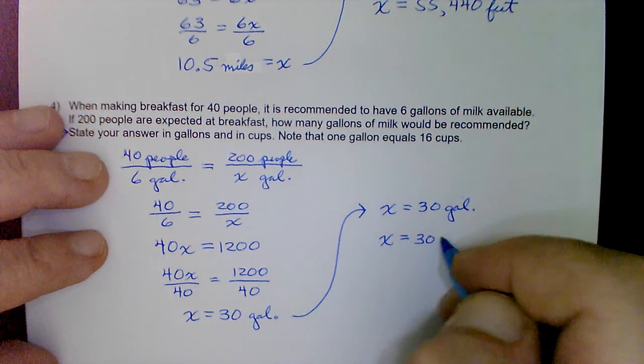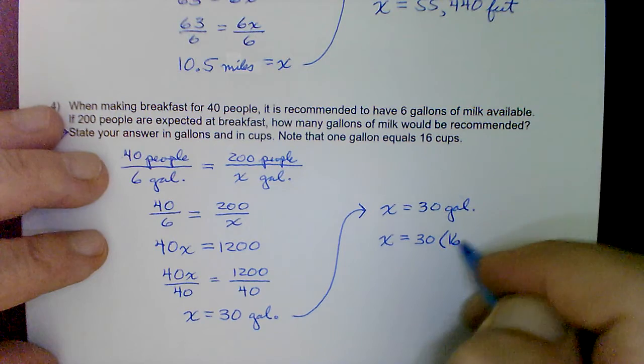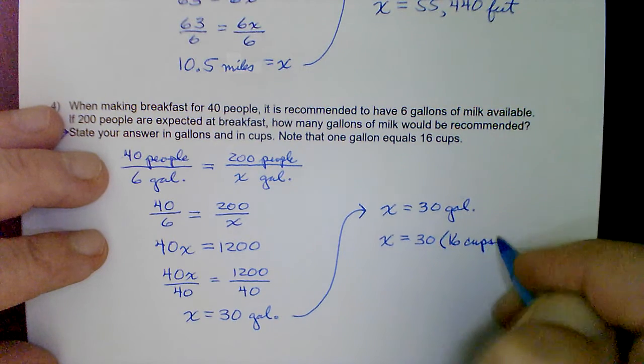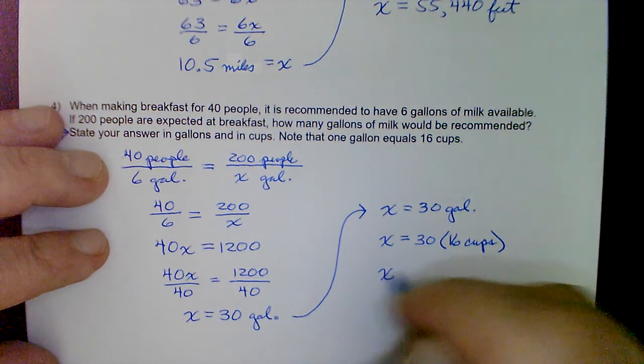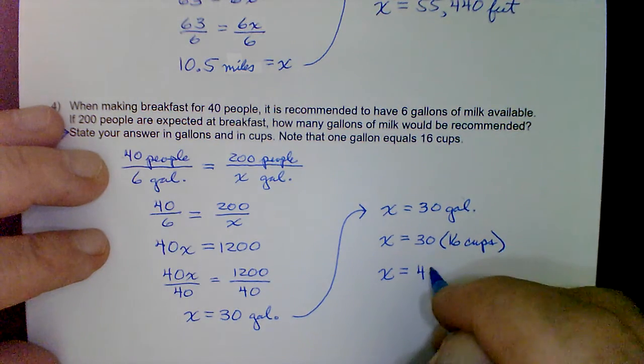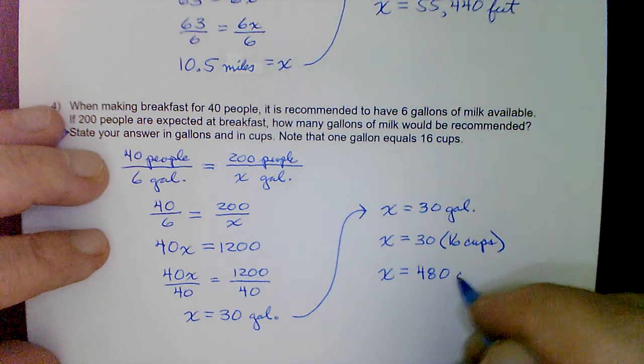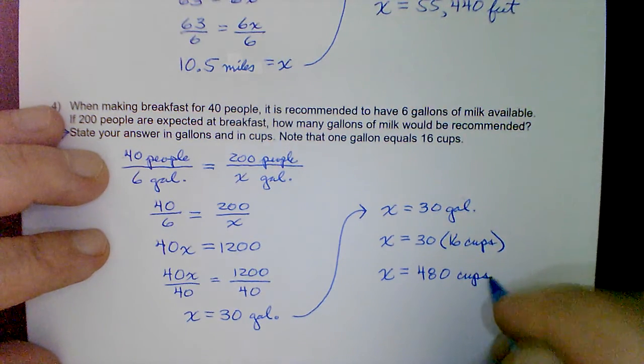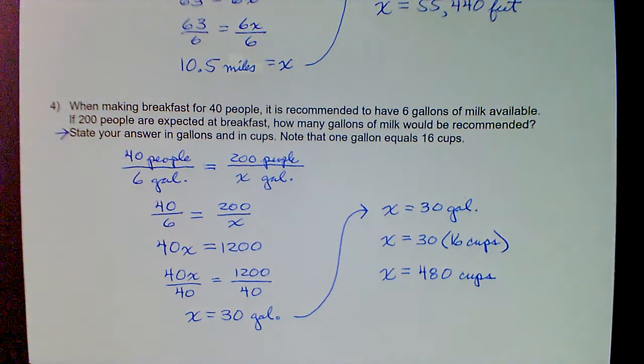So it's 30, and in parentheses, 16 cups. And typically it can be multiplication. So 480, use your calculator, cups. Okay, so that's the end of homework number 1. And we can come back and we'll do homework number 2 when you're ready.